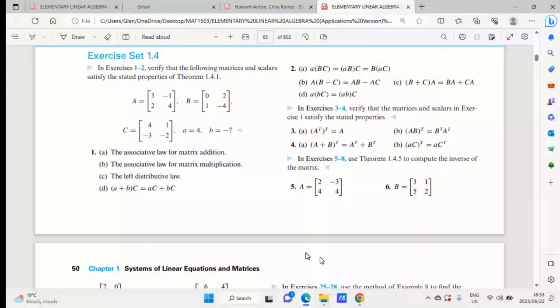Second row, I got negative 18 and negative 22. Please talk to them.